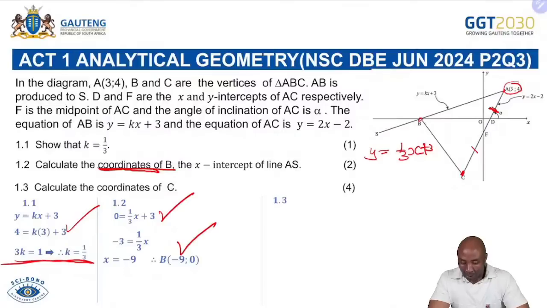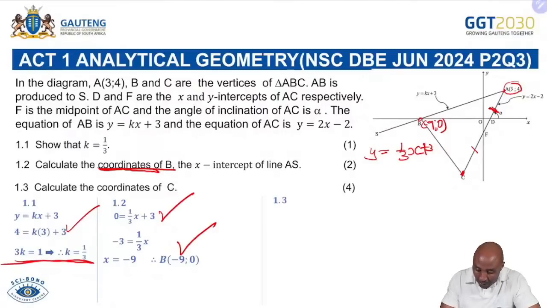We are supposed to calculate the coordinates of C. Our starting point, again, as you get this information, please add it to your diagram so that you are able to see where you are going. Now, first of all, we need to get the coordinates of F. F is the y-intercept. How do we get the y-intercept?